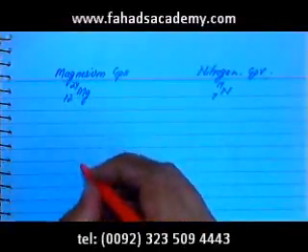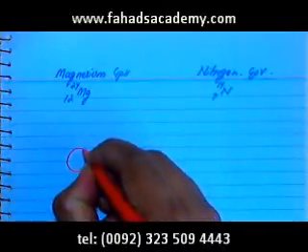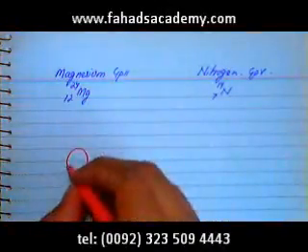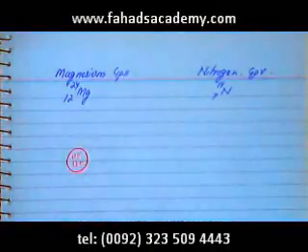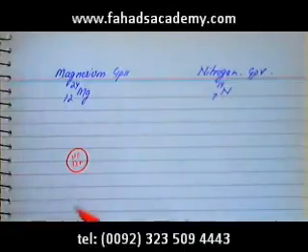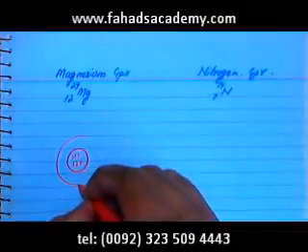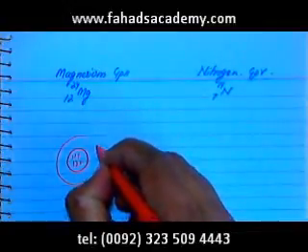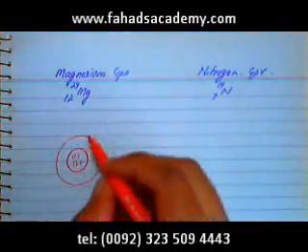If you look at, let's draw magnesium first. Magnesium. Now magnesium has 12 protons and it has 12 neutrons. And its electronic configuration is there are two electrons in the first shell.